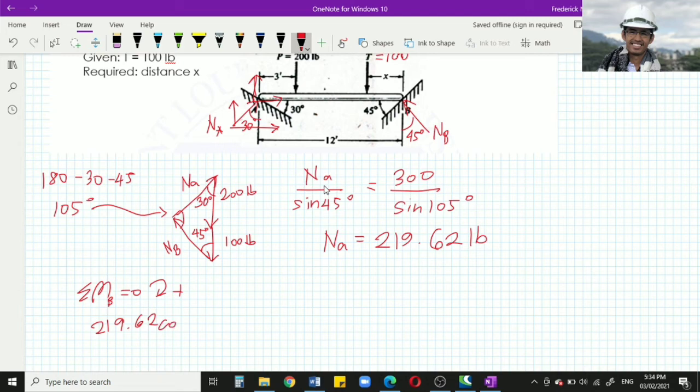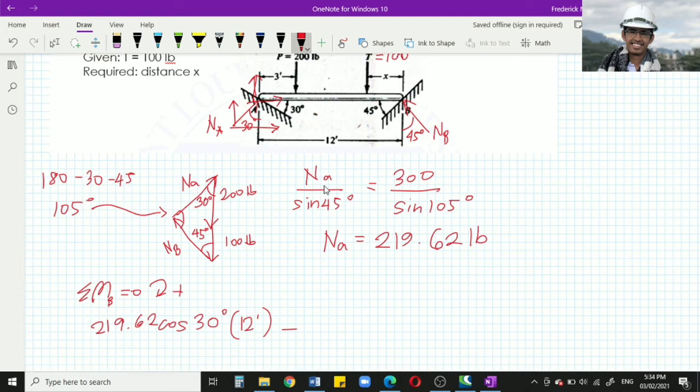So cosine 30 degrees times, so yung length natin will be 12 feet, minus, so yung P natin 200 pounds, so positive to kasi yung reaction ng ating force is clockwise.